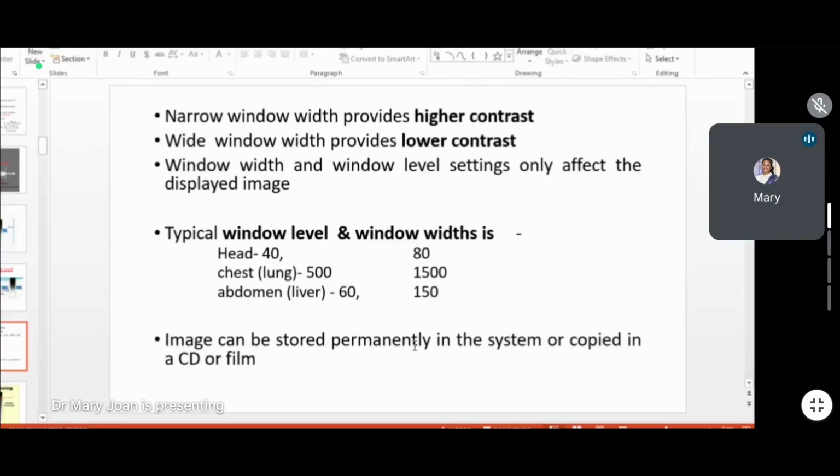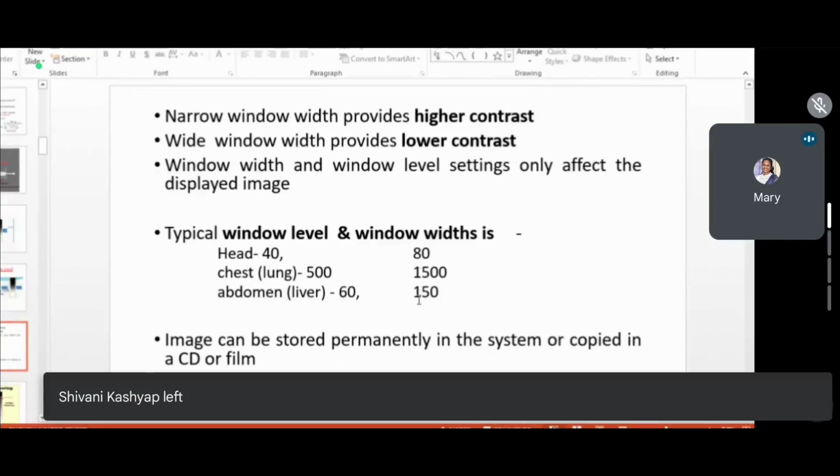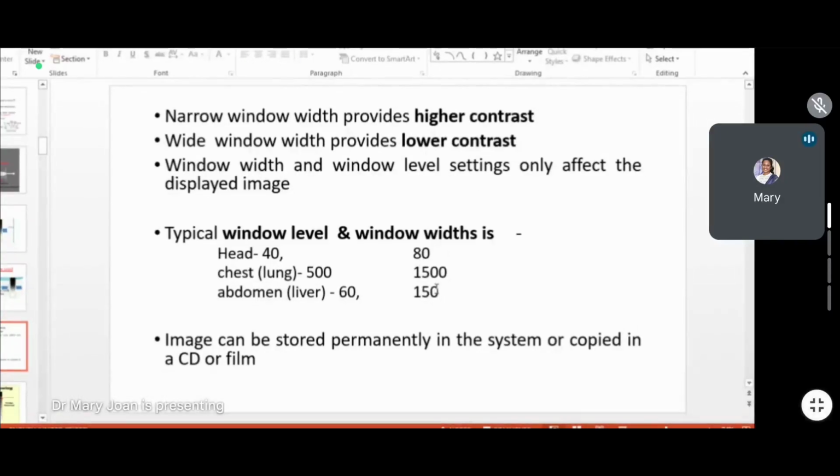And abdomen, the window level is 60 and the window width is 150. So the higher contrast will have narrow window width. You can see that when the window width is narrower, the contrast is better. An image can be stored permanently in the system or copied in a CD or film.